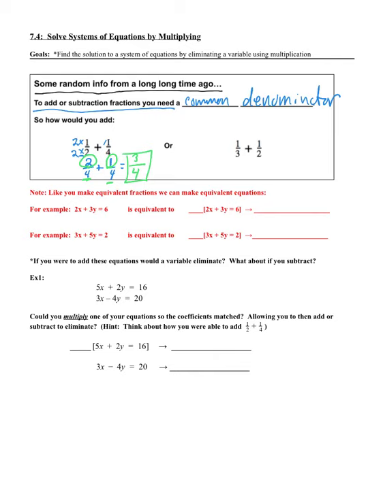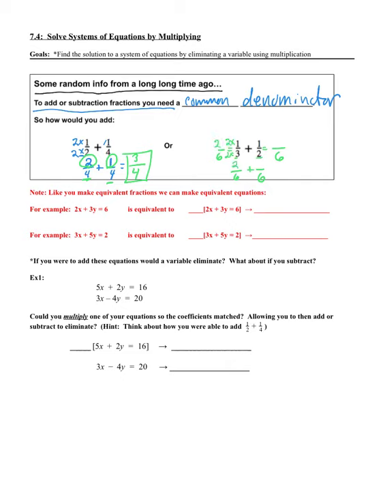All right, if you take a look at 1/3 plus 1/2, the common denominator is not as obvious. We have to multiply both fractions by something in order to get a common denominator of 6. So in the first one, I multiplied 3 times 2 gives me 6. And I have to multiply the numerator by the same number.